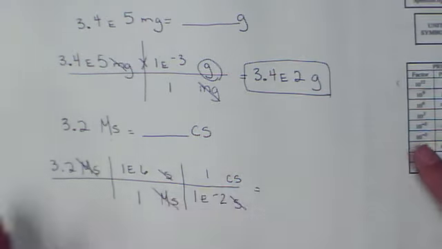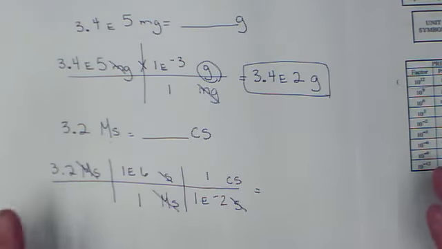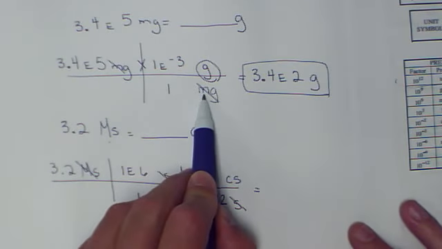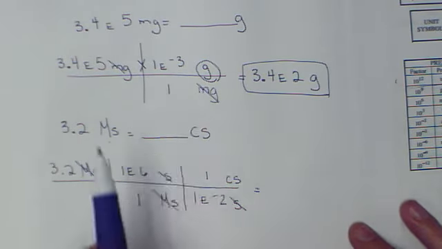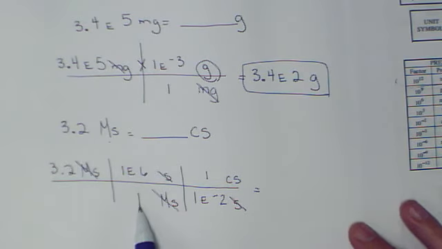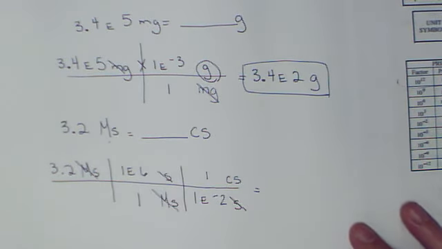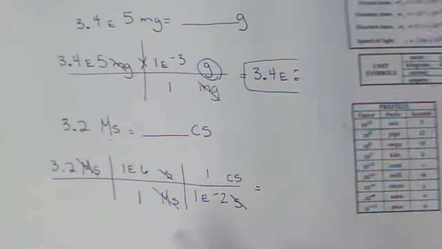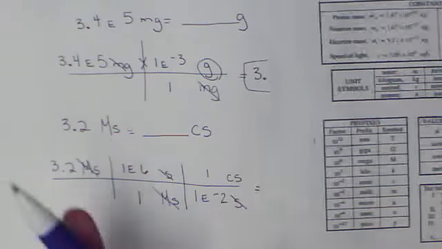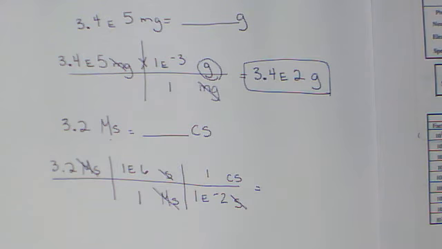Okay, I do want you to notice that in all cases, the thing that has a prefix by it has a 1. The thing that does not have a prefix by it has the number to the exponent. So again, if you don't know how to read this, go watch this video. But that's how I knew where to put those numbers.